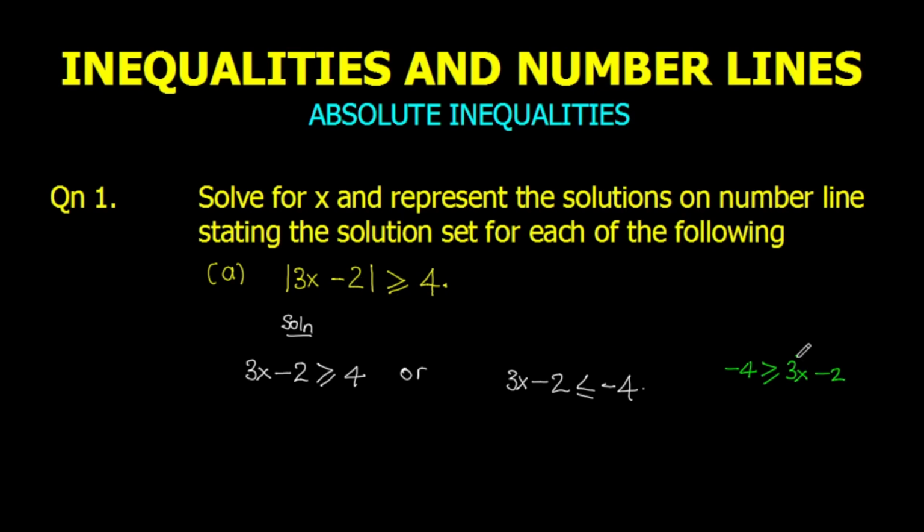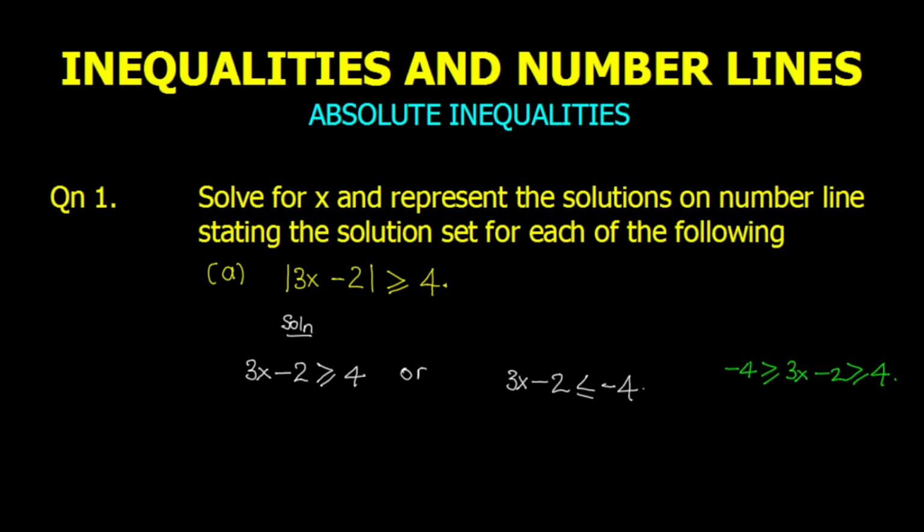Then we also maintain the same sign, and we have 4. So this one at least looks somehow familiar because we discussed it in our previous video. And from there you can split these inequalities into 2 simpler ones, and from there you go ahead and work them out. So which method do you think is better for you? You can select and continue, but for now let me use this method, the first approach here.